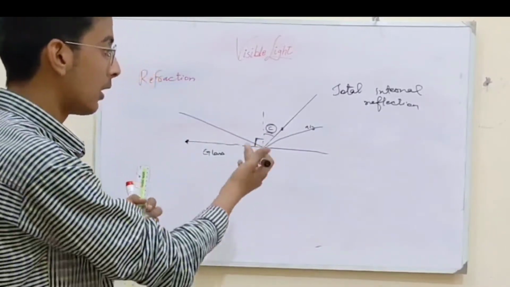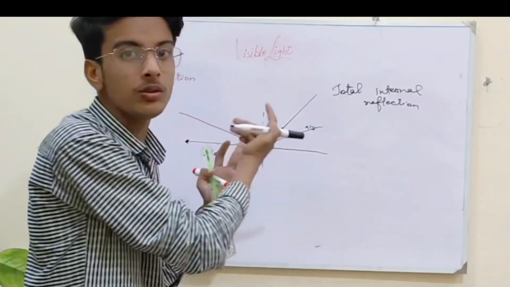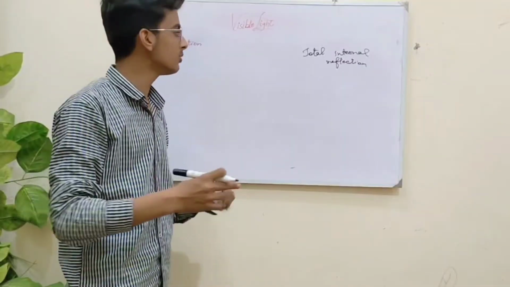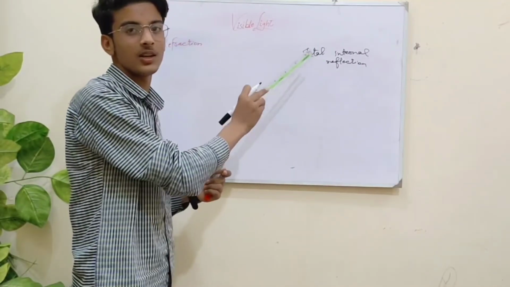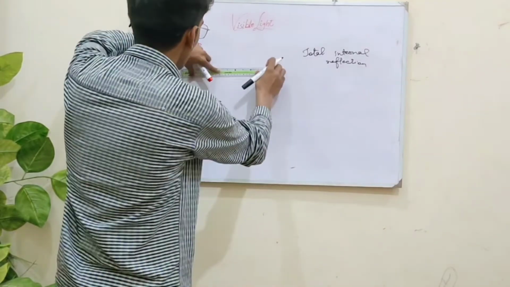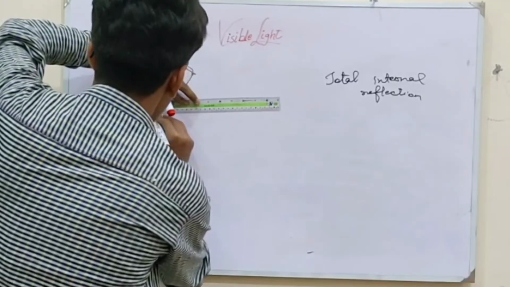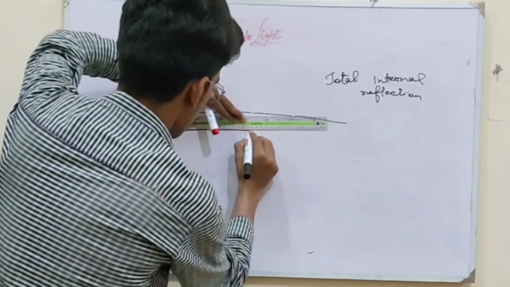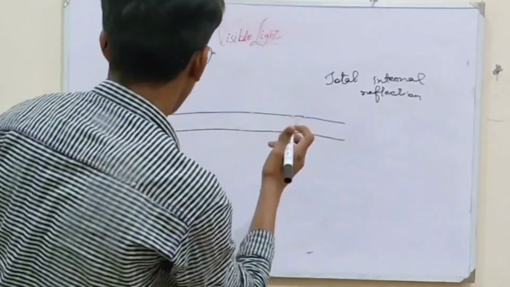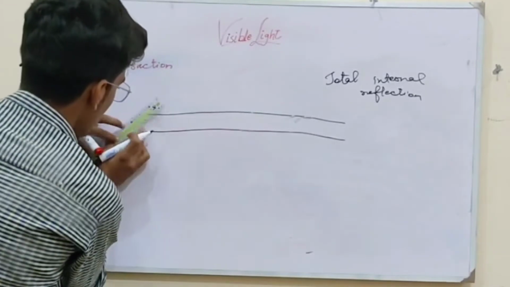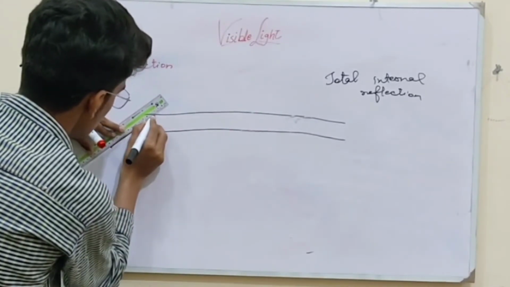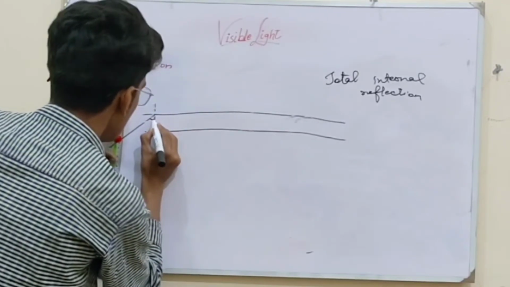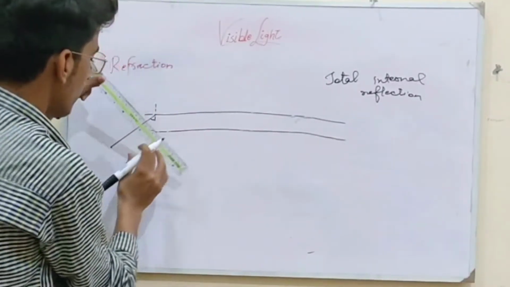And now we'll talk about the uses of total internal reflection in optic fiber. The basic use of total internal reflection is in optic fiber. In optic fiber, you can take a fiber or a plastic to make a wire. In this, a ray is incident on the surface. This is 90 degrees, and this angle is greater than the critical angle.